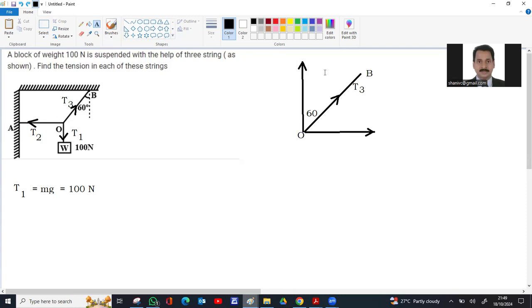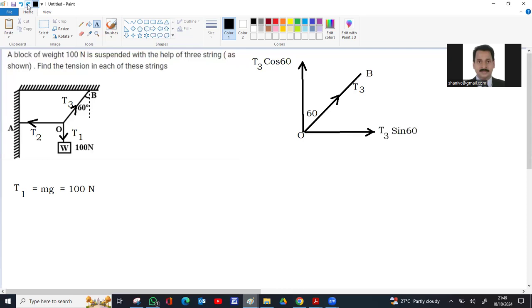So this will be T3 cos 60 and the opposite component. These two are equal, opposite. This component will be T3 sin 60. Vertical T3 cos 60 and the horizontal, the opposite sides are equal. So this also T3 sin 60.